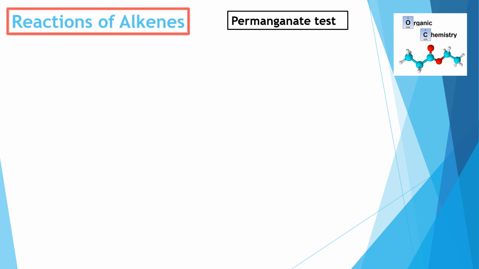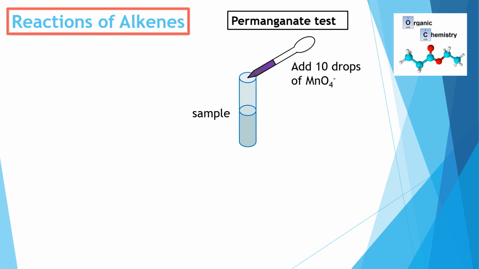So the last reaction we're going to look at is the reaction of an alkene with permanganate. We can use the permanganate to do an identification test for alkenes. If we're taking a sample and we're not sure whether it's an alkene or not, let's say we had an alkene and an alkane, or an alkene and a ketone, or an alkene and a carboxylic acid, and we wanted to find out whether it was actually an alkene, we add 10 drops of permanganate solution to it.